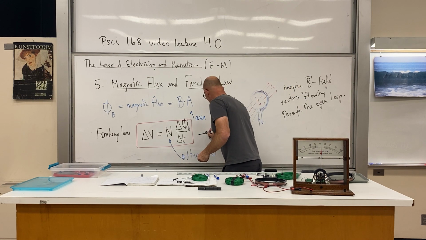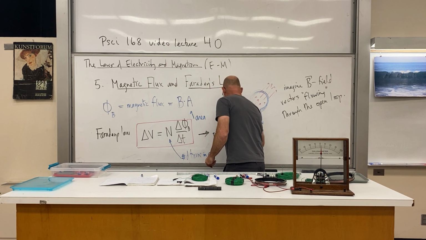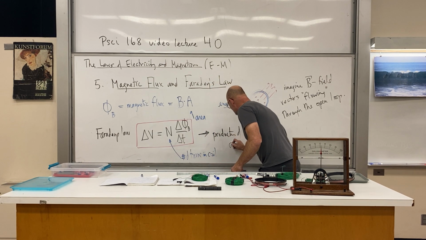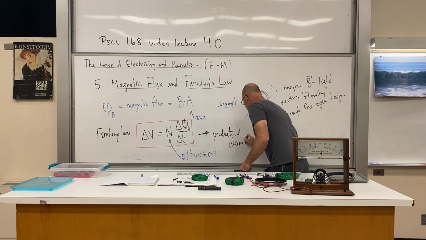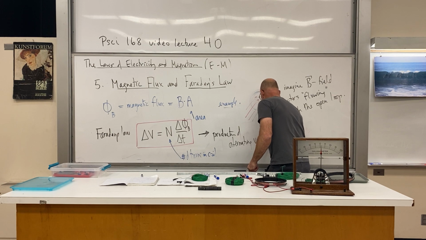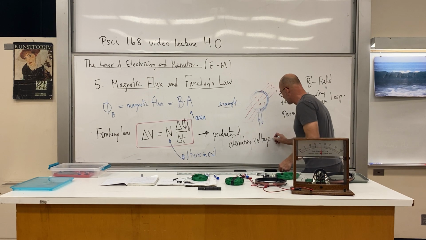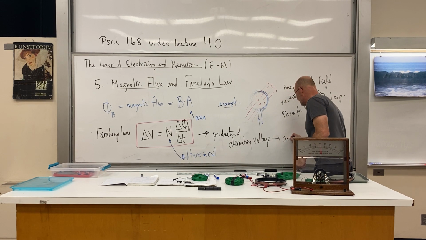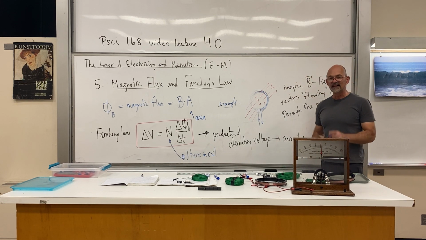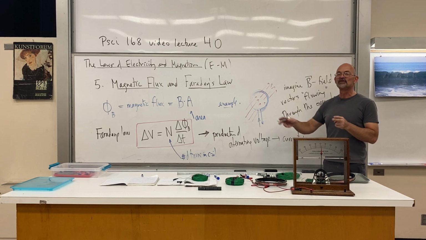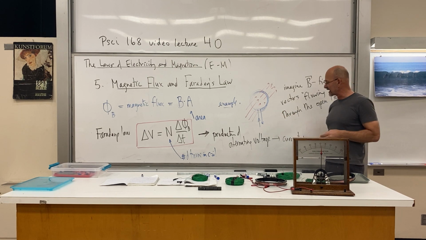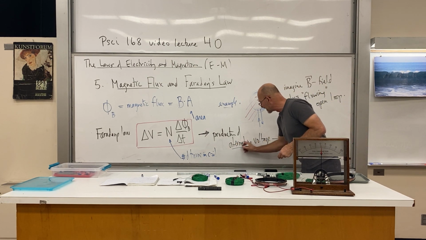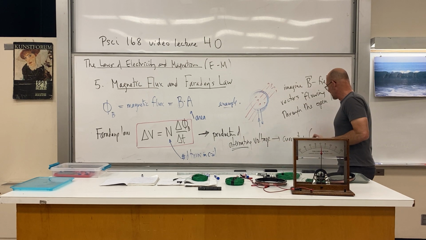So let's call this production of alternating voltage and therefore also current. And that's why you talk about DC versus AC. DC is direct current, AC is alternating current. So alternating, very, very important. AC.